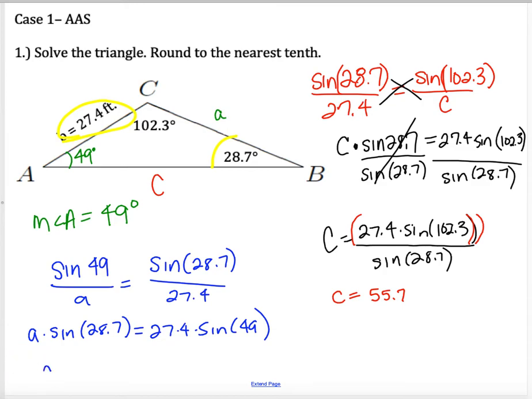What I'm typing into my calculator, I don't think we have to write the divide step out, but would you agree A is going to equal 27.4 times the sine of 49 divided by, I need to divide this chunk over to the other side. Okay, that's what we're going to type into our calculator.